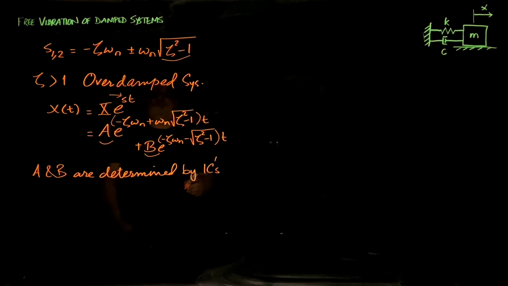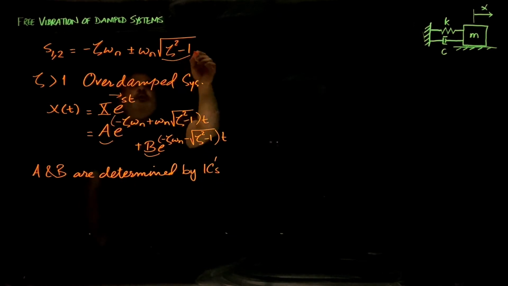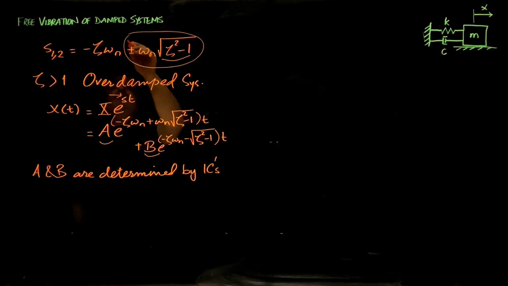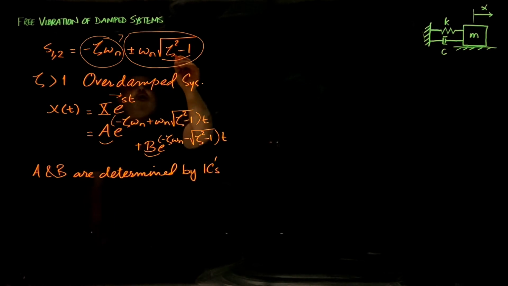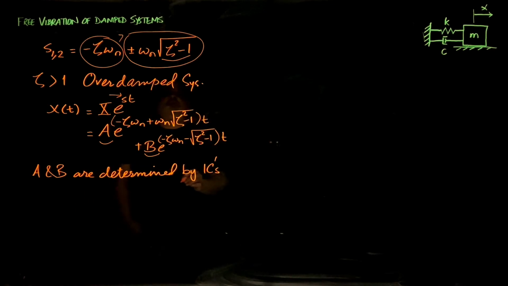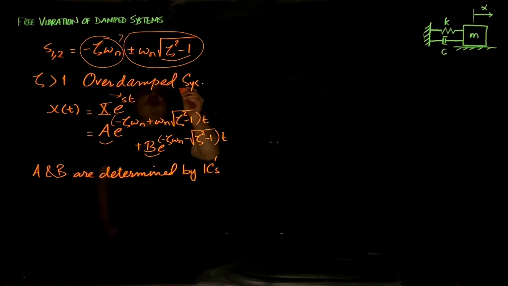Now, notice that when zeta is greater than 1, this term is always smaller than this term, because when zeta is 1, this term will be 0.